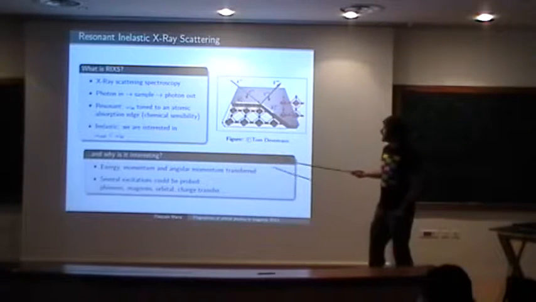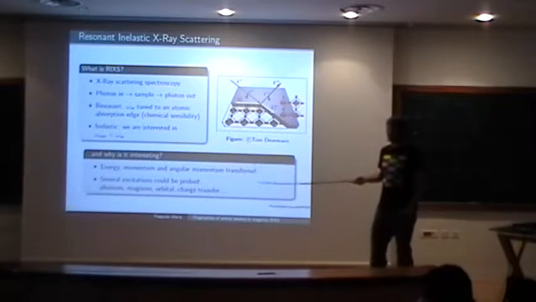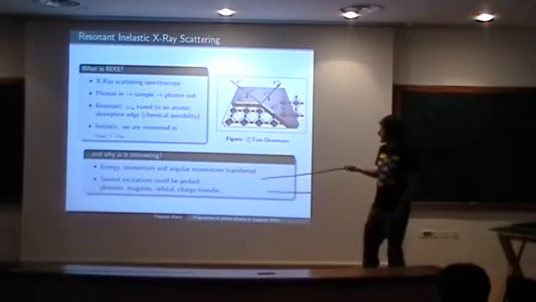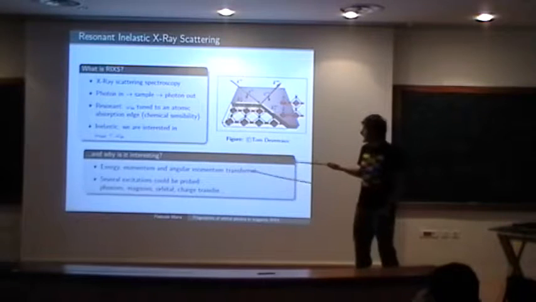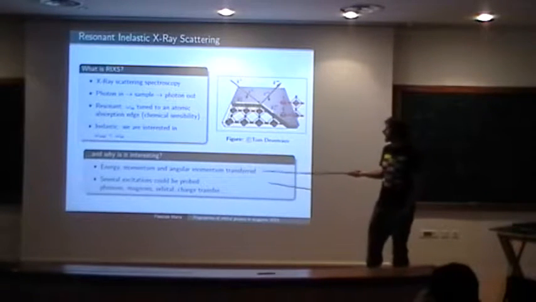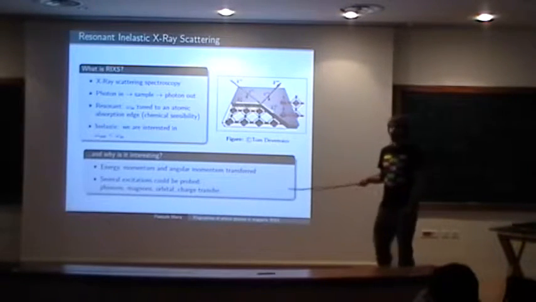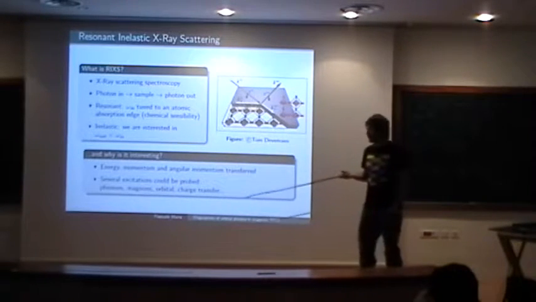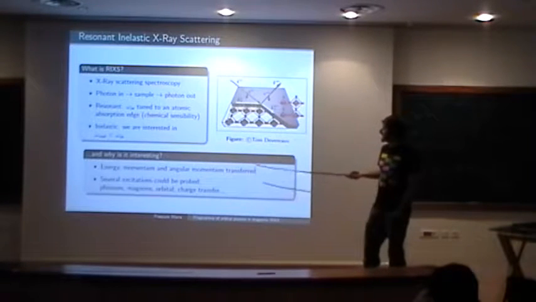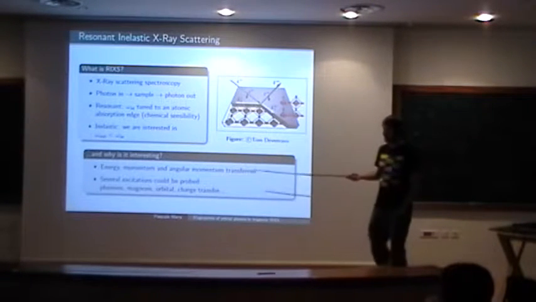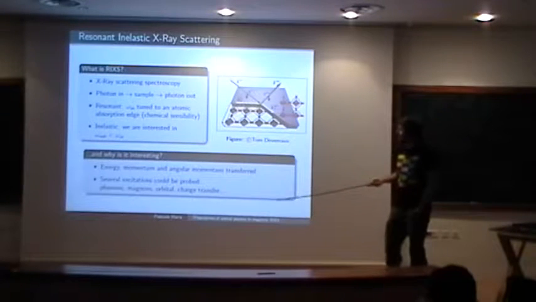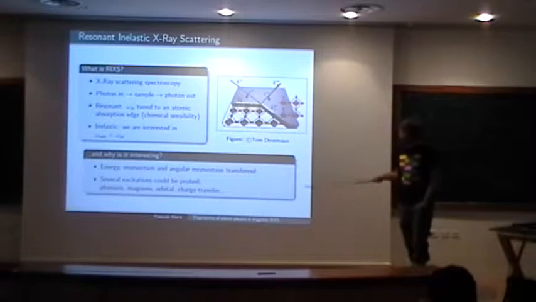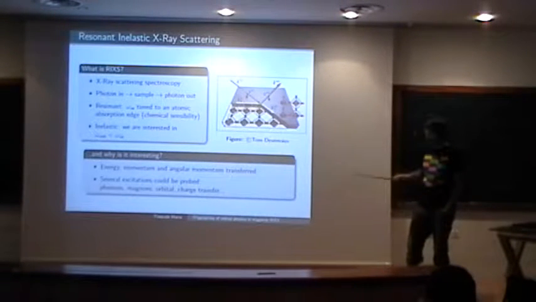We are mainly interested in the inelastic features of this process, that is, when some energy, momentum or angular momentum is transferred into the system. In this way we can produce in our system some excitations, like phonons, magnons, orbital or charge transfer excitations, as far as the total charge is concerned.